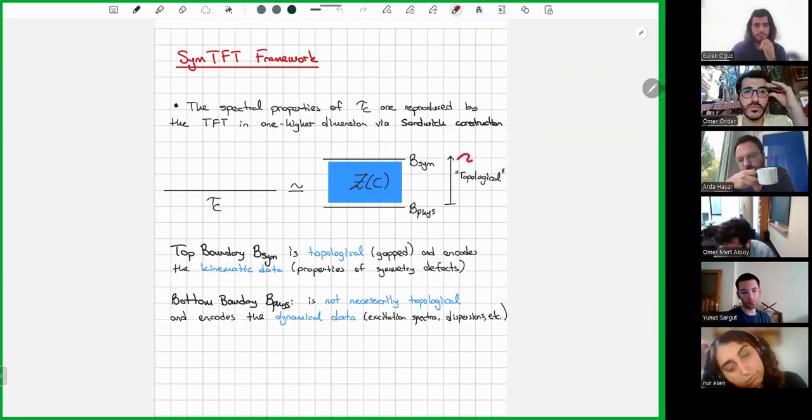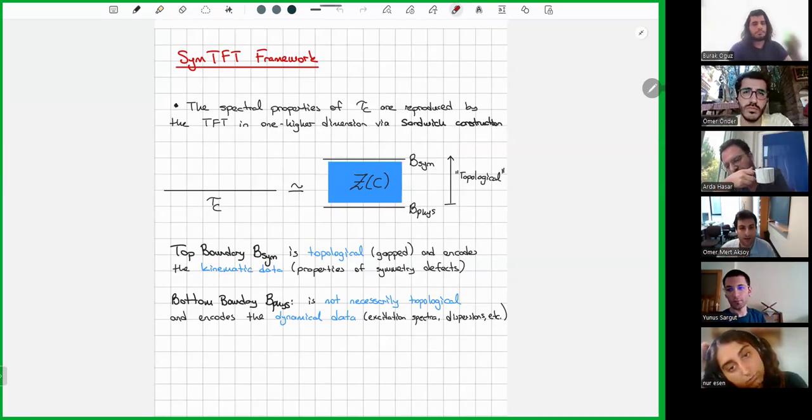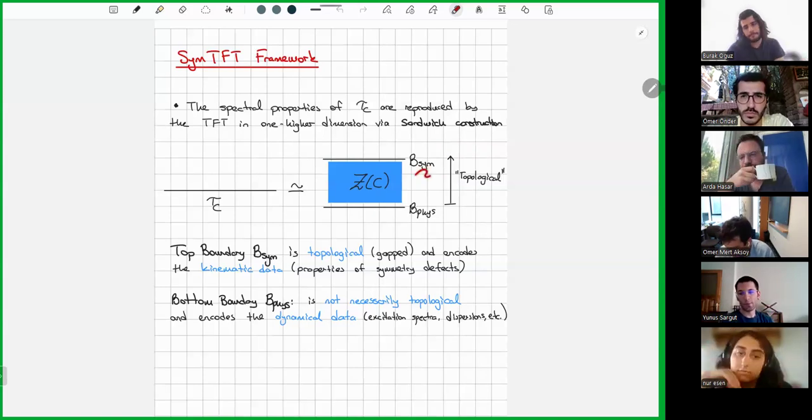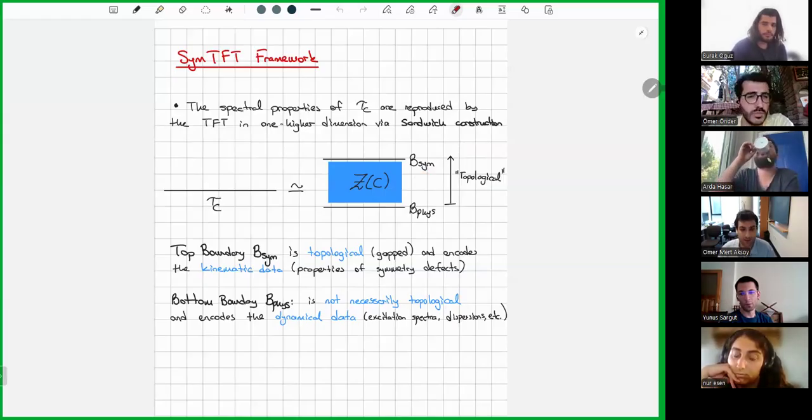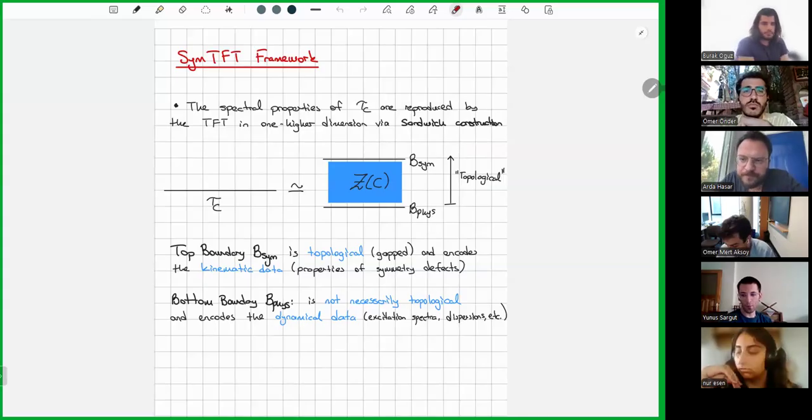Then, since this direction is topological, I can freely adjust the length, and then you can see that as the top boundary approaches the bottom boundary, this is a quasi one-dimensional system. So since the bulk is a topological field theory, there's sort of a control over the quasi one-dimensionalness of the system.